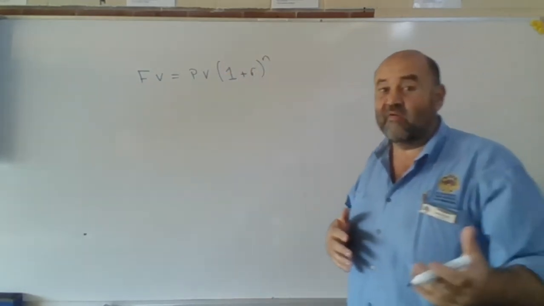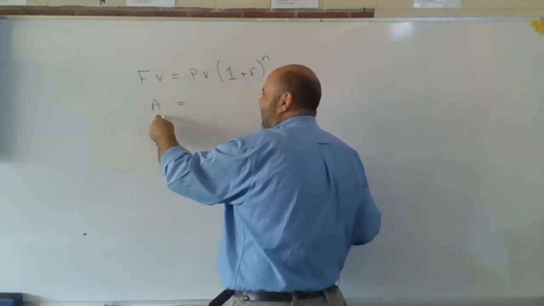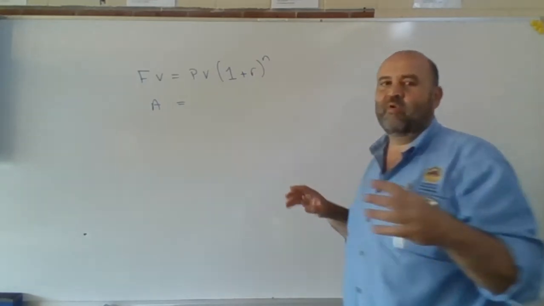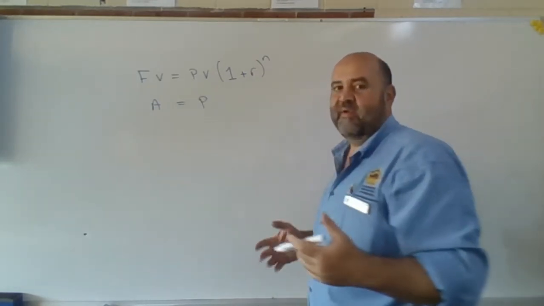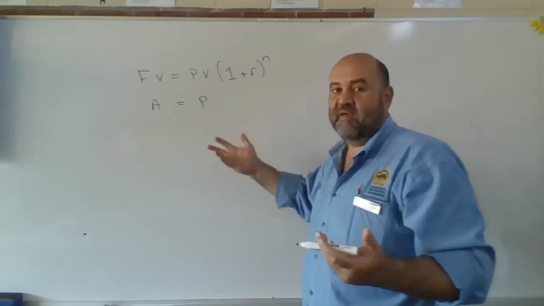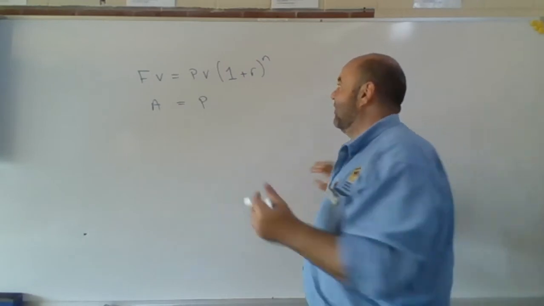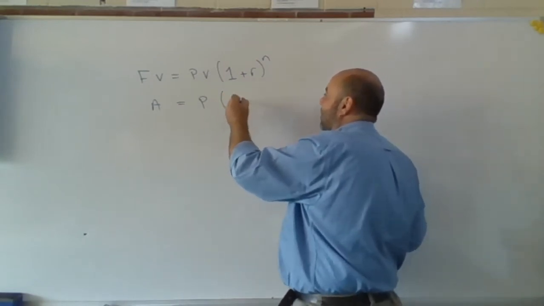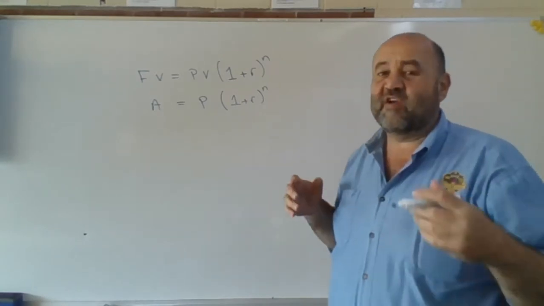And I gave you another way to write that, where A, in other words the amount that an investment was worth at the end, was equal to the principal, that's the main amount invested, or the present value, same thing. So A and FV are different ways of saying exactly the same thing, times 1 plus R to the power of N. That's for compound interest.